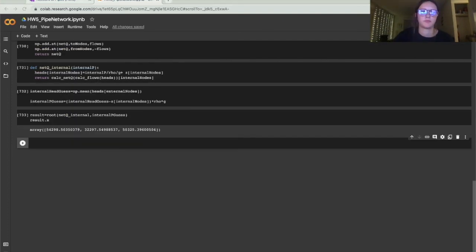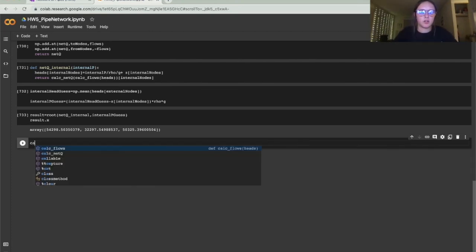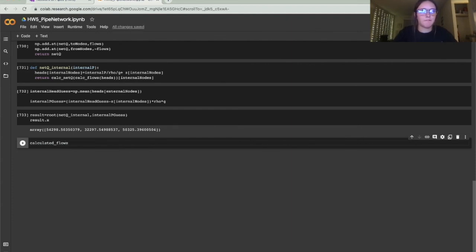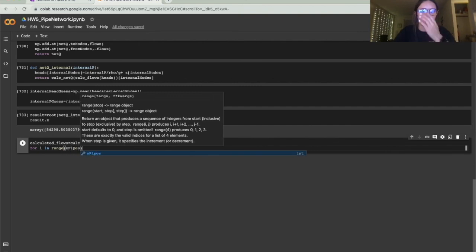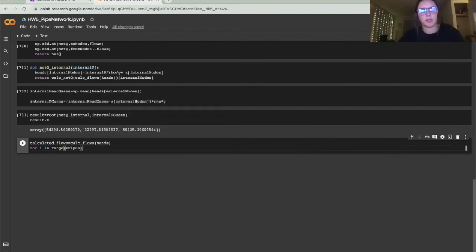So that's good. So now that we have these numbers, we can calculate and store our numbers in some arrays. So our calculated flows is going to be equal to calc flows of our heads. And we're going to make a for loop. So for i in range, we're going to have n pipes. So this is going to give us the flow through each of the pipes.